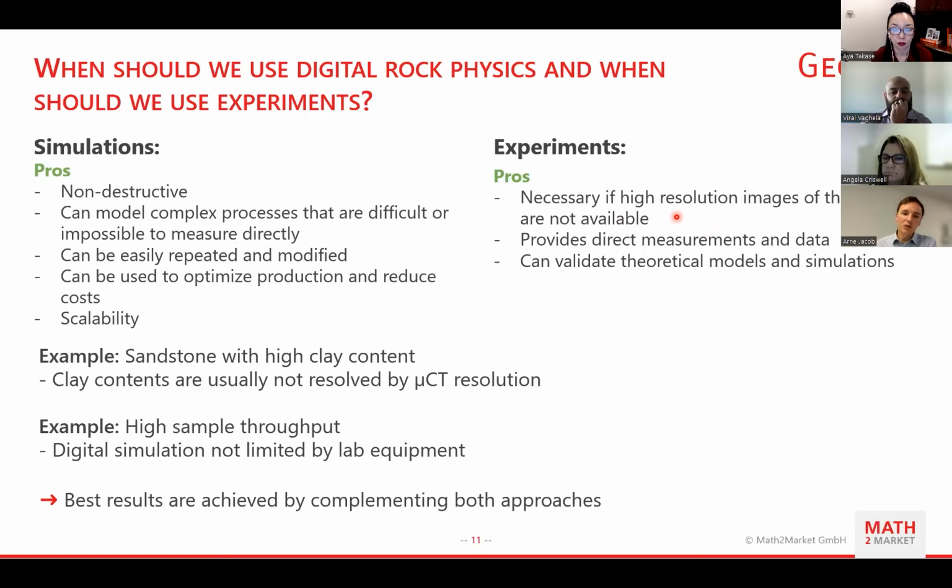You can do a direct measurement on the data you have, and then you will get with high confidence a good result out of that data. Yeah, provided that you did not make any mistakes in the setup of your experiment. There's of course always the user bias. And then you can use experiments as a supplement to validate your theoretical models and simulations, which I have talked about earlier here.